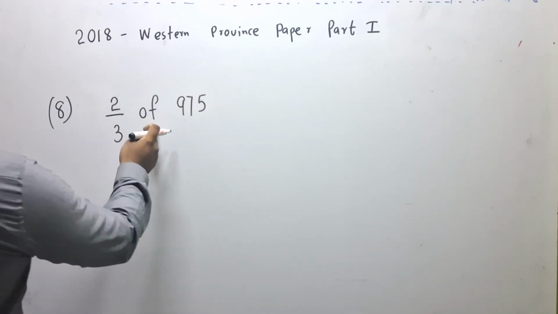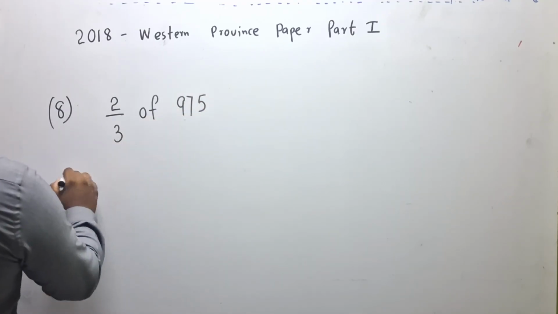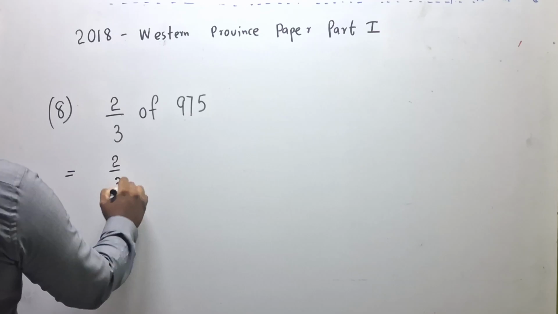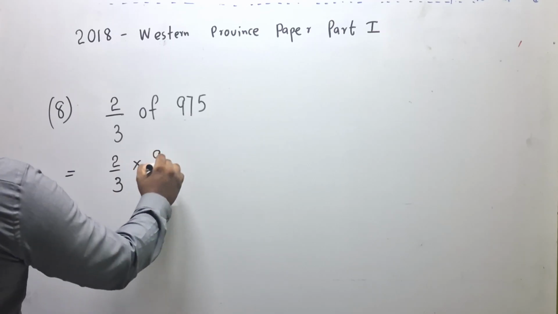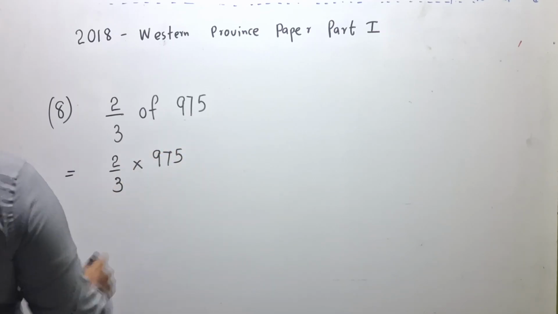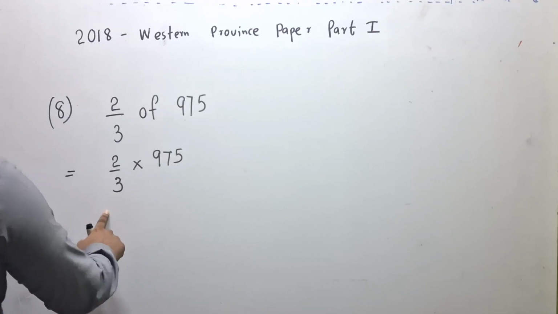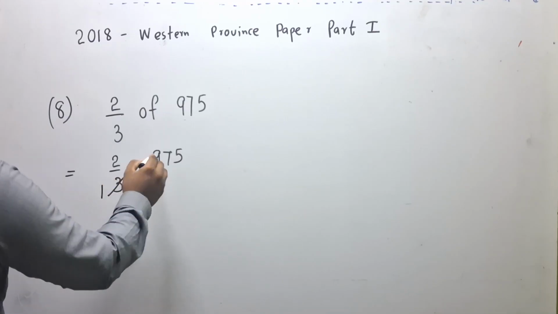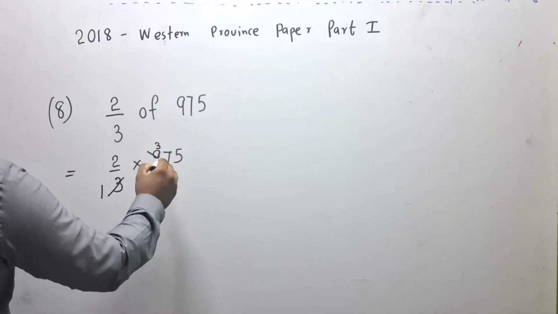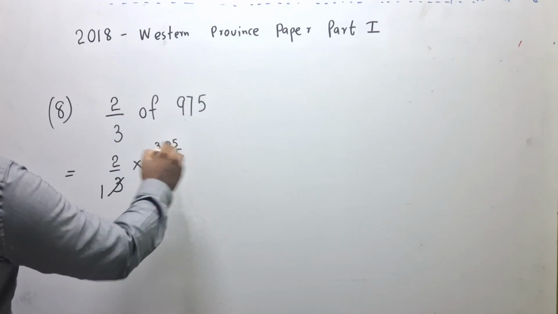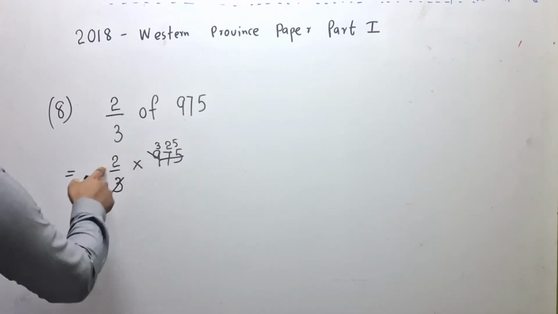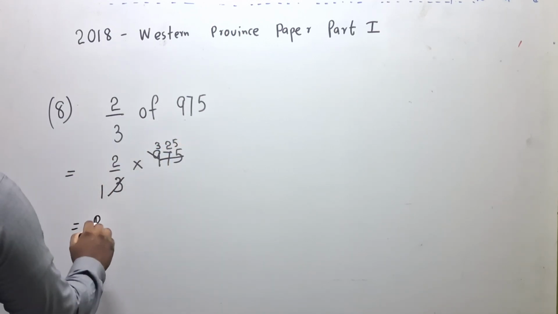Okay, of operation means multiplication. So write 2/3 multiplied by 975. You will divide 975 by 3. 3 has 1 three. 9 has 3. 75 has 25. 325 times 2 is 650 rupees.